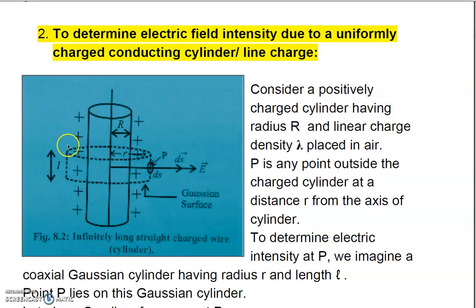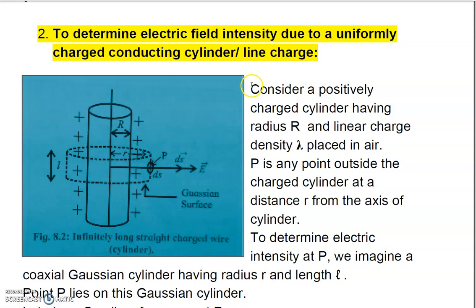I am considering it to be of infinite length, or for the timing you can even consider a large length capital L. It has radius capital R, and I want to find, because of this positively charged cylinder, what is the electric field intensity at point P, which is at distance small r from the axis.